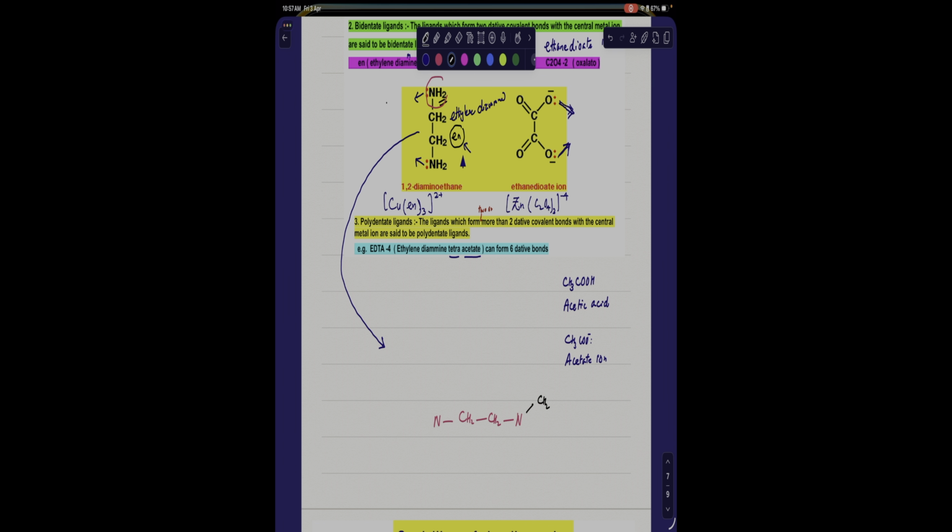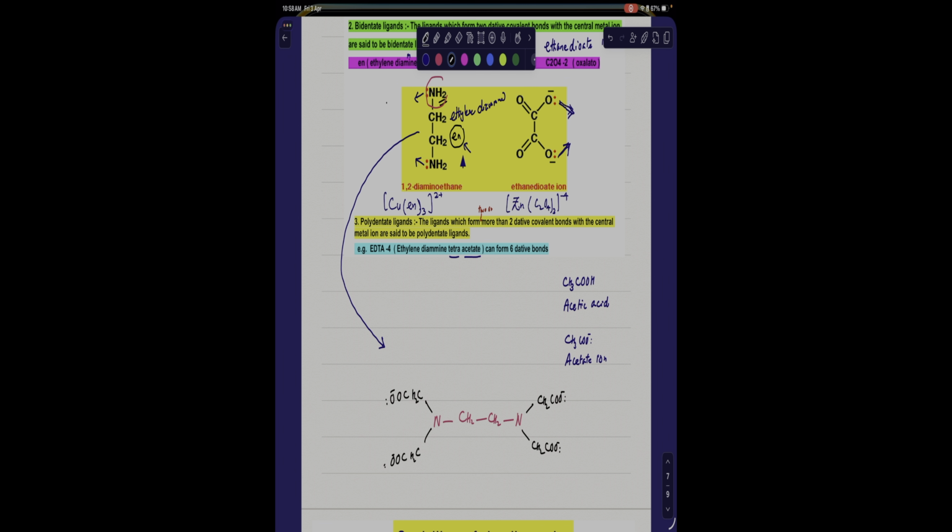So it's CH2COO minus, CH2COO minus, CH2COO minus, and even on this side CH2COO minus with a pair of electrons.